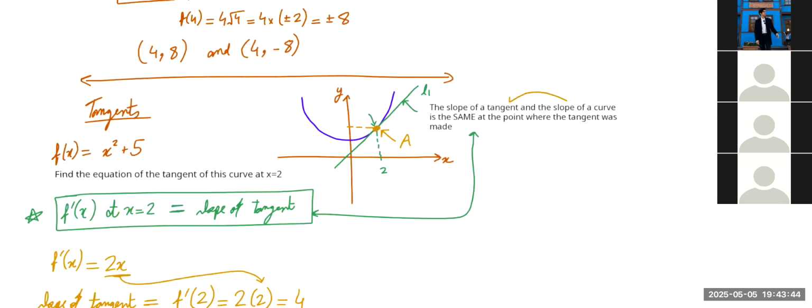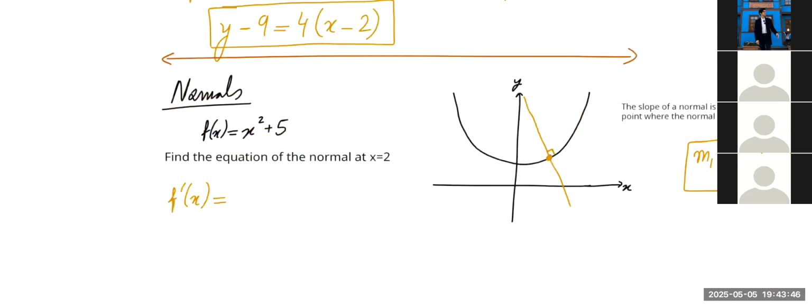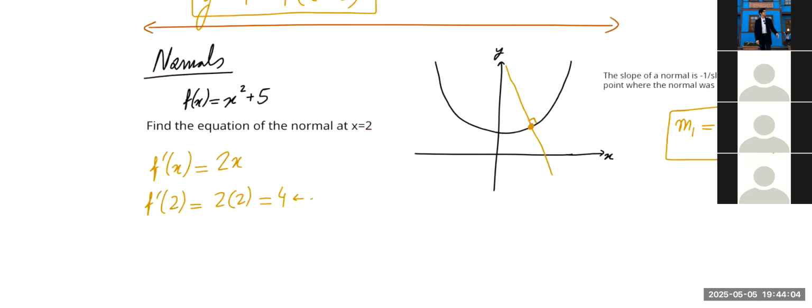So if we find the slope of the curve itself at x equals 2 first, then we will be halfway there already. So to find the slope of the function itself, we have to first derive the function. And then to find the actual slope, we have to plug in that x value into the derivative and get 4. Now, this is the slope of the curve.